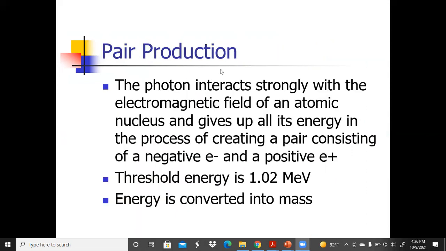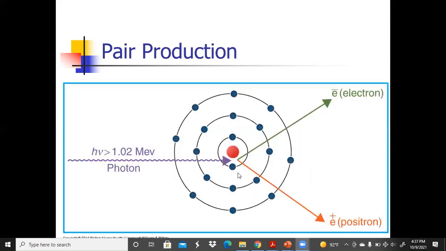With pair production, the photon interacts strongly with the electromagnetic field of an atomic nucleus and gives up all of its energy in the process of creating a pair consisting of a negative electron and a positron. The threshold energy is 1.02 MeV and the energy is converted into mass.